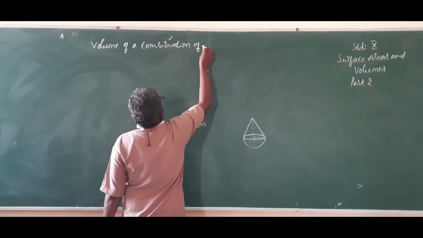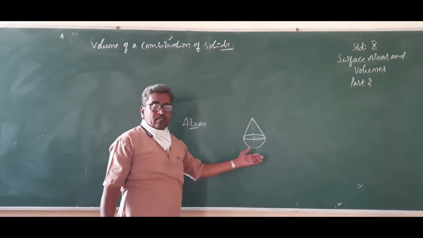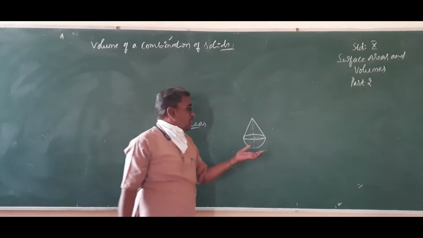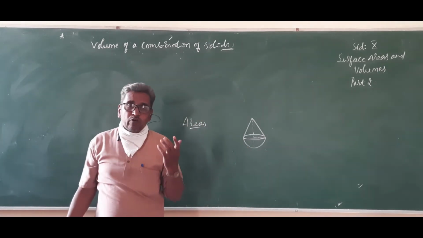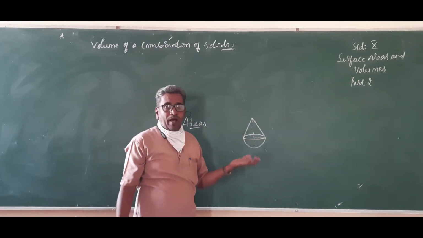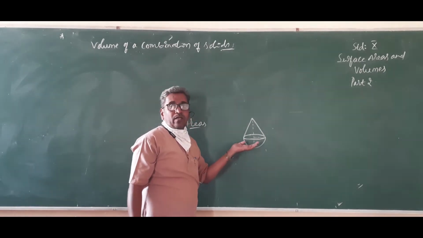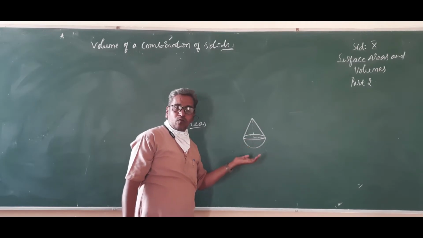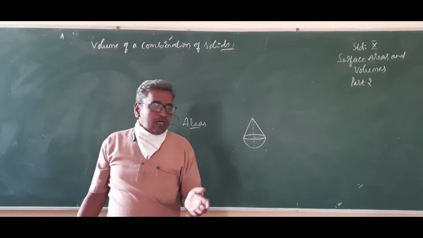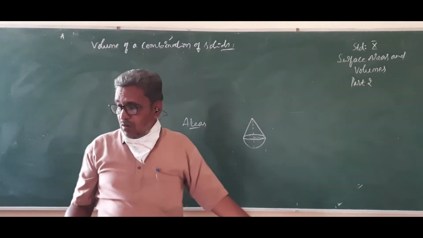Combination of solids means here one is a cone, one is a hemisphere. When these two basic solids are joined to form an object or a toy, the volume of this toy is equal to the volume of the cone plus the volume of the hemisphere. Separately we add to get the volume of the total toy.